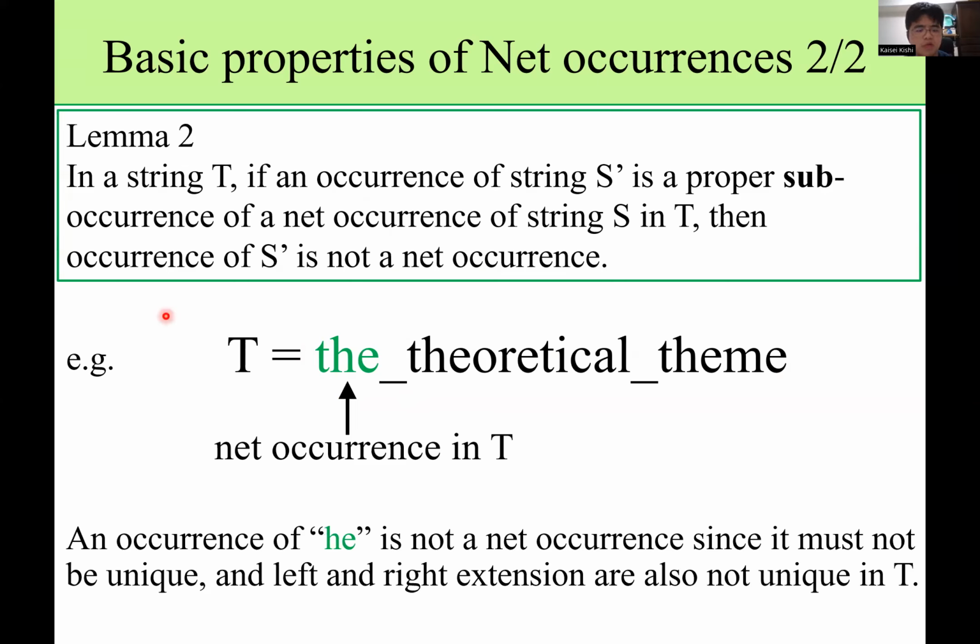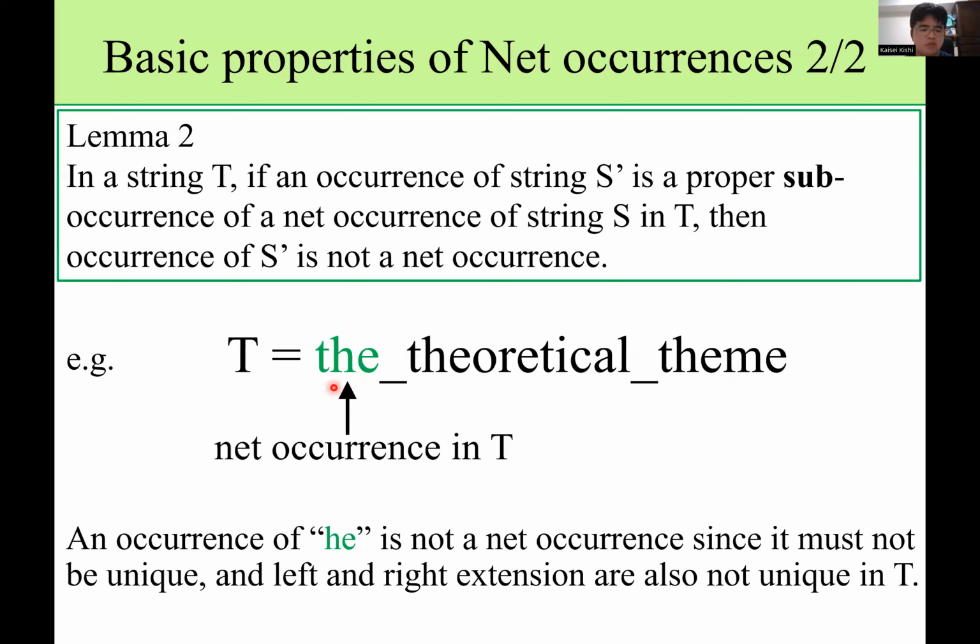The second property is like the opposite, which means that a sub-occurrence of any net occurrence is not a net occurrence. For example, this green occurrence of TH is a net occurrence.